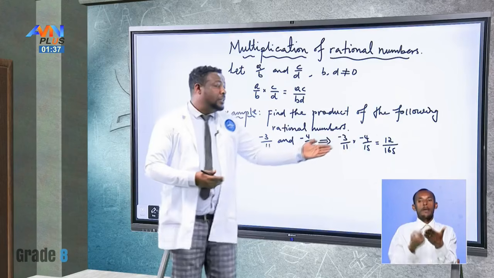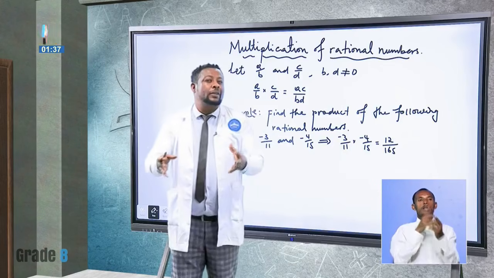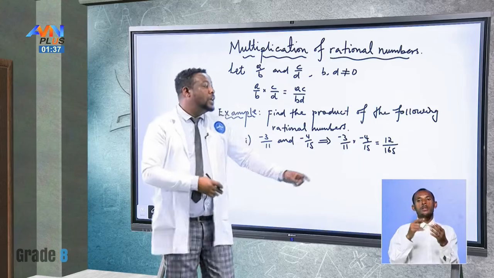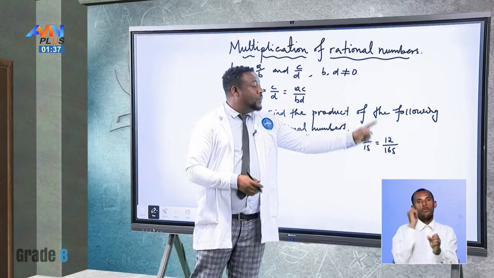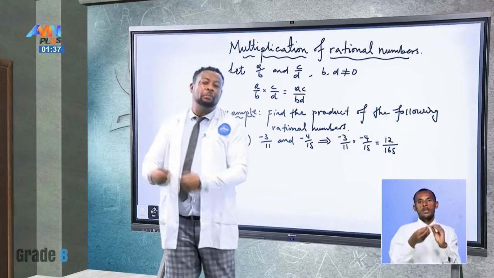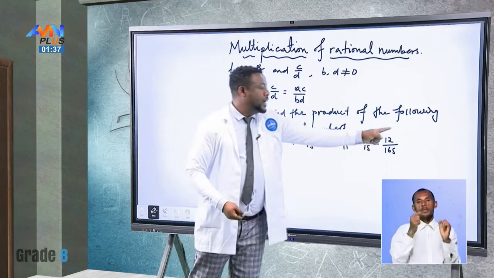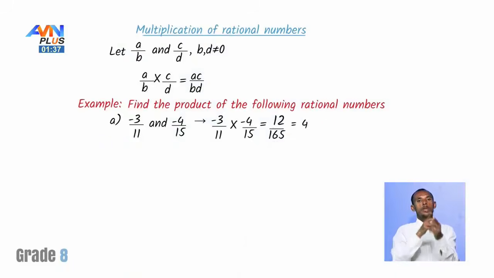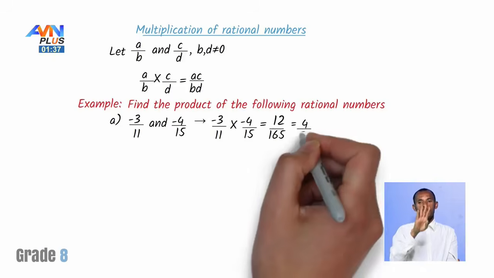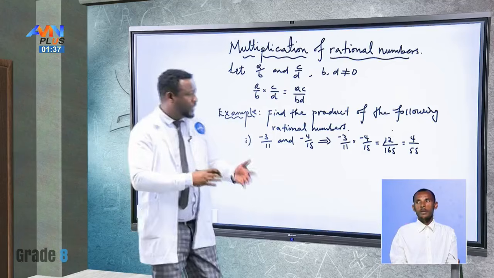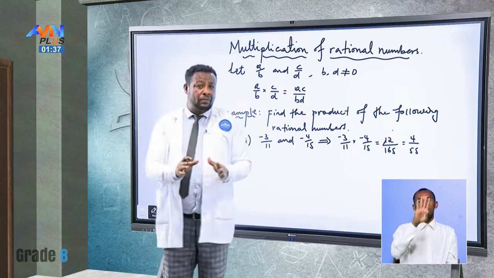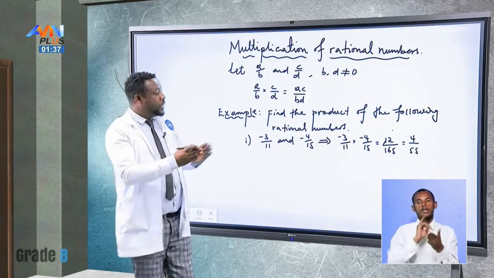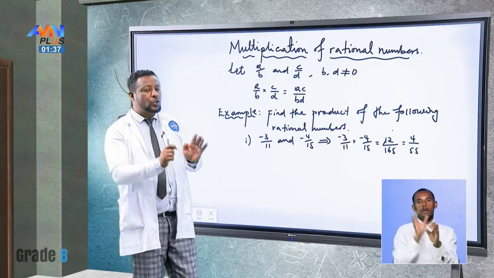Sometimes this answer may not be available in your choice if the question is given in the form of multiple choice, so you need to further simplify this number into the least simplified form. You can cancel this one by 3 and this by 3. The result becomes 4 over 55. So this is the procedure to calculate the product of two numbers.